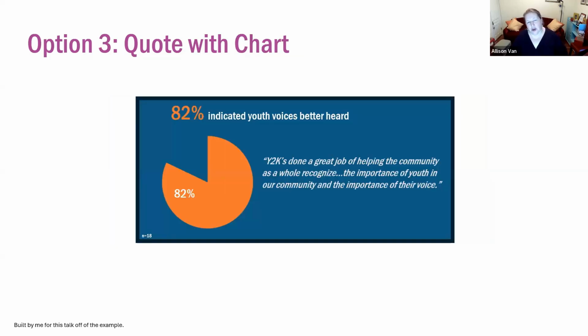Okay, a quote with a chart. This is all of the basics. This is a theme. This is the percentage of people that reference that theme. Here's a quote about that theme.